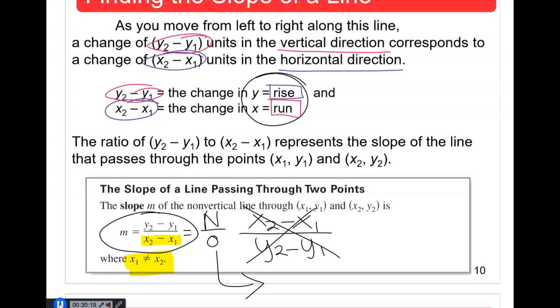So any number divided by 0 is undefined. And so for that reason, we cannot let the x values from two different points be equal. In that case, the slope will be undefined. Remember, we're talking about the formula of slope.